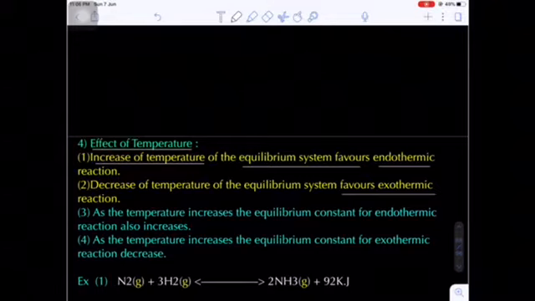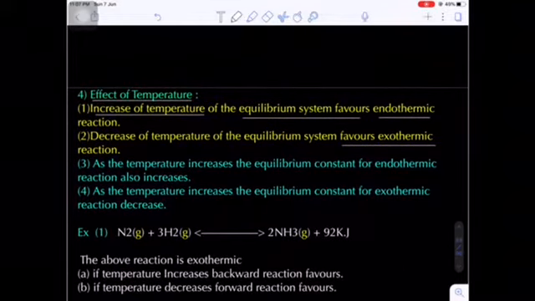In which reaction is heat energy released? Obviously the exothermic reaction. So if you decrease the temperature, the reaction is favorable towards the exothermic direction. If you increase the temperature, the system tends to move in the endothermic direction. If you decrease the temperature, the system tries to move in the exothermic direction. Are you getting my point?